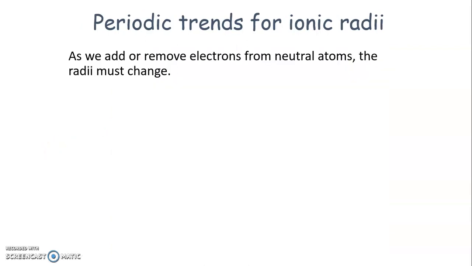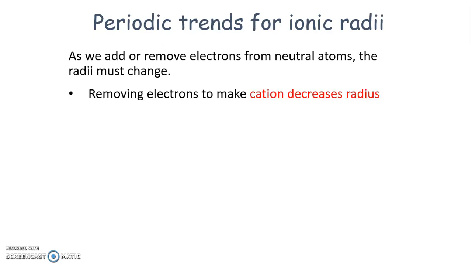Briefly, we're going to talk about ionic radii. As we add or remove electrons from neutral atoms, the radius has to change, right? When you remove an electron and keep the number of protons the same, what are you doing to the effective nuclear charge?